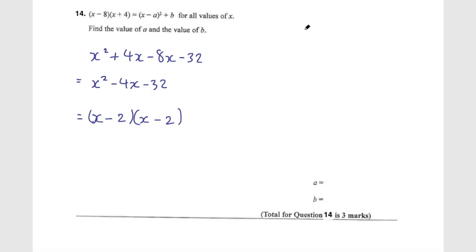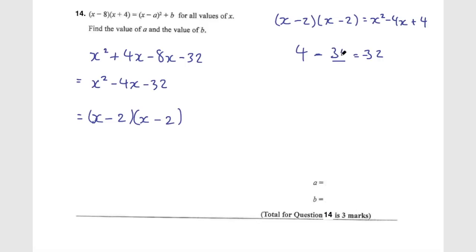So then make a quick note to yourself and expand these brackets out again. And what would that equal? This would be x squared minus 4x plus 4. But we need a negative 32. So what's the difference between plus 4 and negative 32? In other words, what do I need to subtract from 4 to get negative 32?